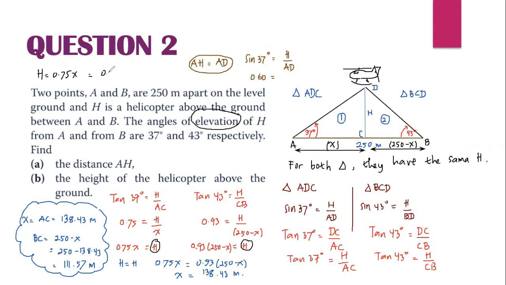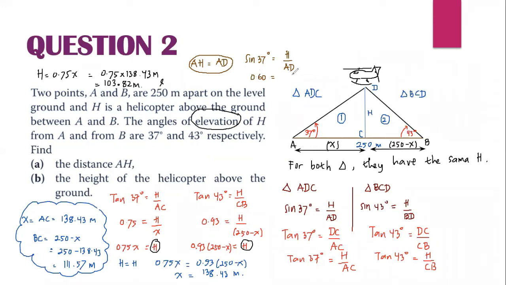So h is 0.75 times x. x is 138.43 meters. So for height, it is 0.75 times 138.43. We got 103.82 meters. Okay, done. This one done.